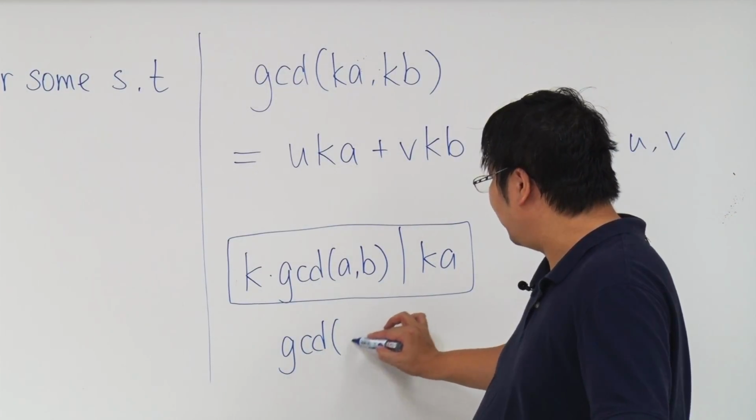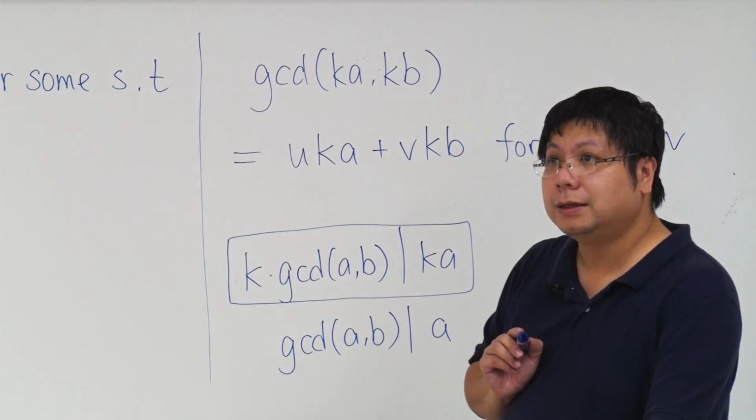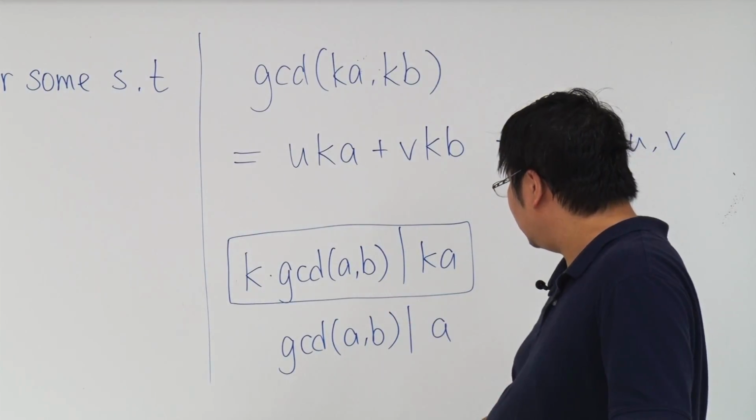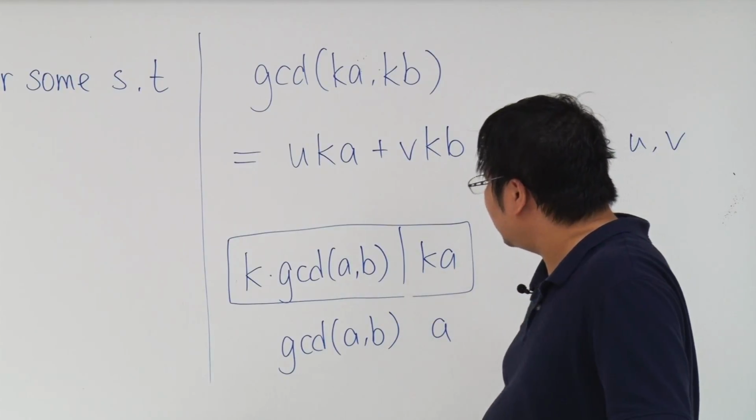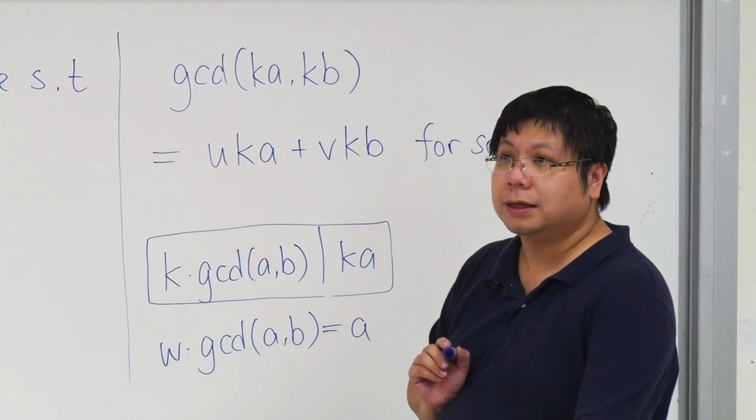GCD of AB divides A, right? So there is some number W times GCD of AB is equal to A. Does that make sense?